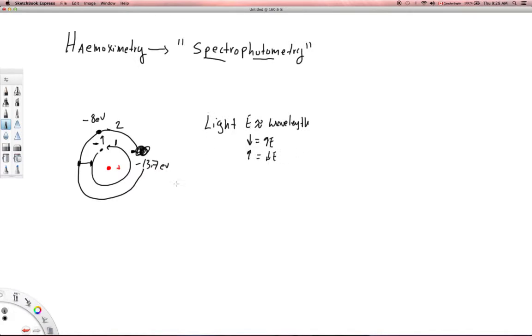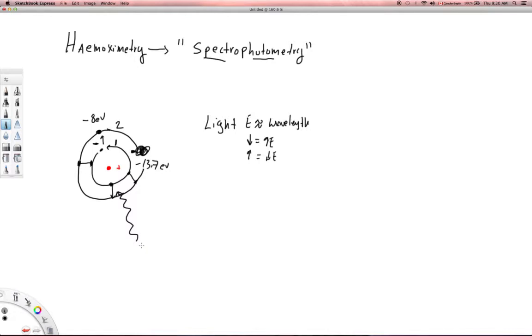So it's possible that if I found the exact wavelength of light that corresponded to this difference in energy here, I could shoot a photon of light at this atom, and if it was exactly the right energy, just the right difference between those energy levels, I could give that electron enough energy to go from n equals 1 up to n equals 2, right?